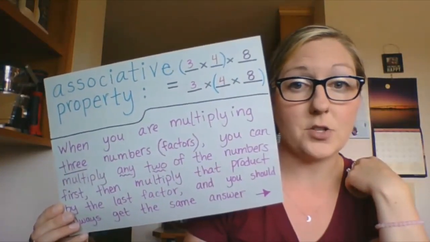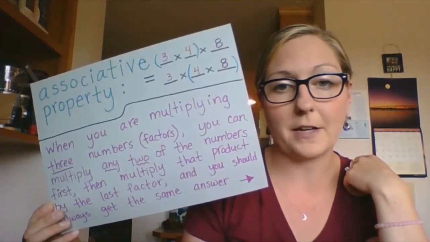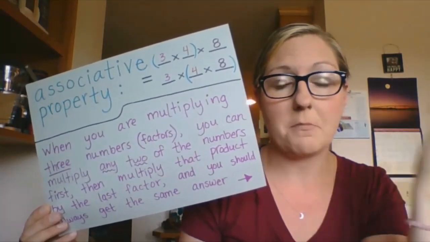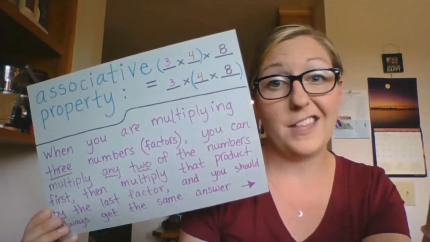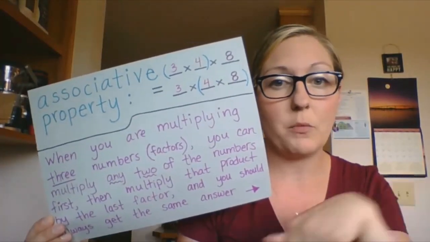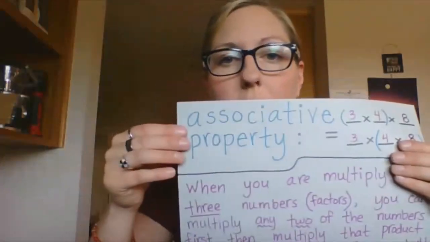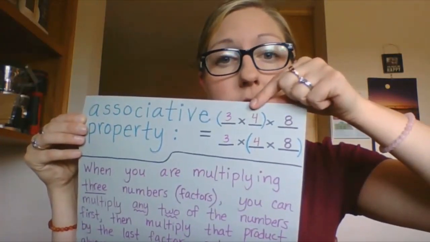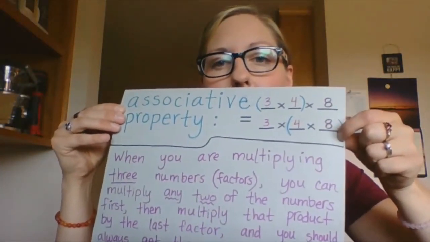This rule says, when we are multiplying 3 numbers or 3 factors, we can group the factors together and multiply any 2 factors for the first step, then multiply that product by the last factor, and we will always get the same product, the same final answer, no matter what order we do that in. So like up here, we could do 3 times 4 first to solve 3 times 4 times 8, or we could do 4 times 8 first.